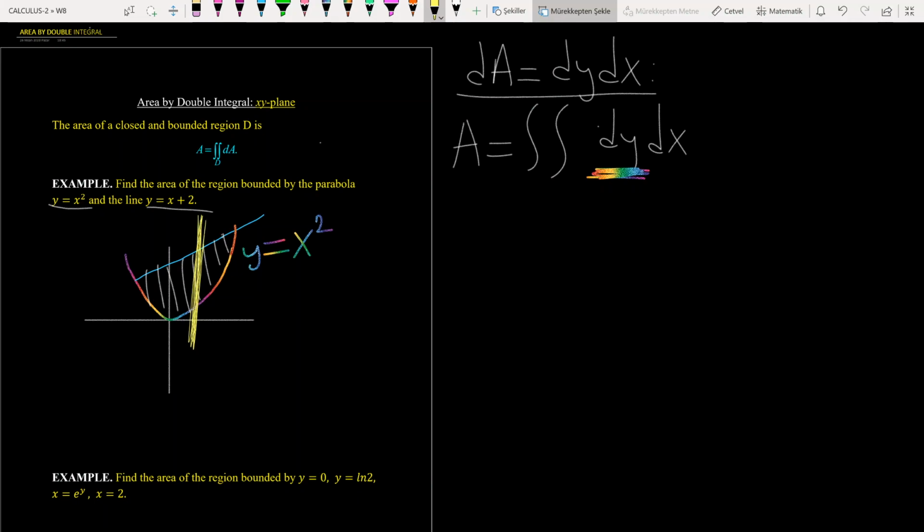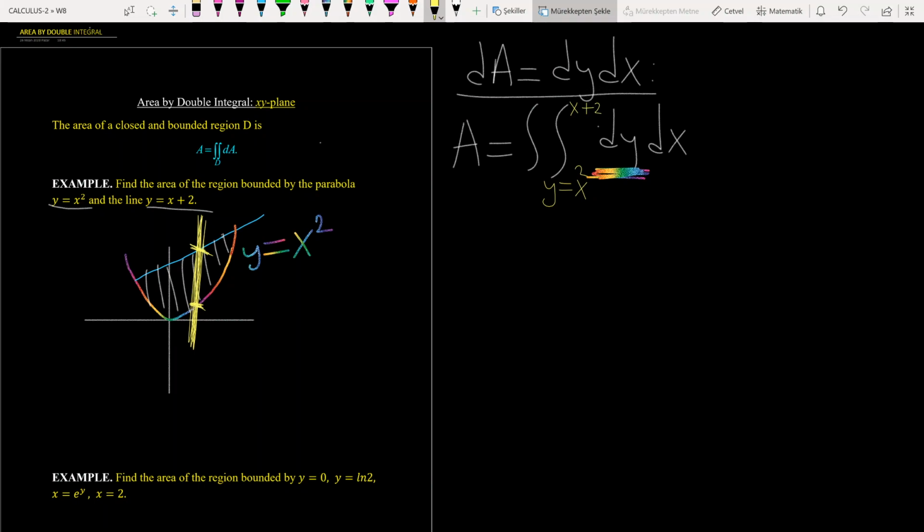You check where you enter the region, and where you exit the region. This point is on the curve y equals x squared, so the lower limit is y equals x squared. The upper limit is on the line y equals x plus 2.